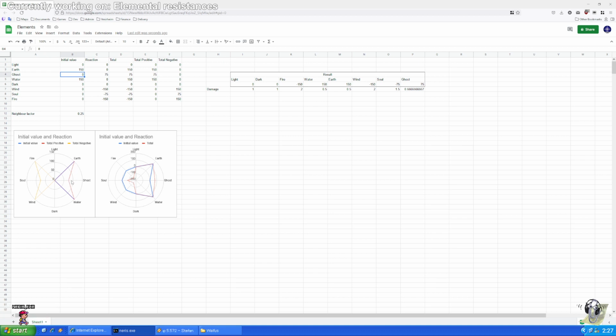Yeah, it's going to increase gust resistance. Fire and wind would hit them equally well. Dark and light are the same. So it's going to be fire 200%, water 50%, earth 50%.